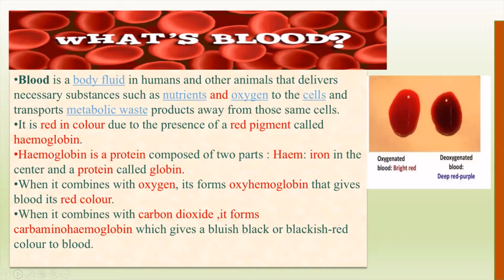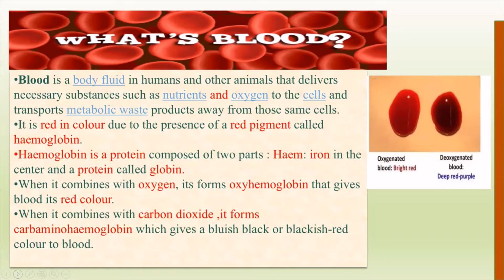Hemoglobin is a protein composed of two parts. First, heme, which means iron. It is located in the center, and it is also made up of globin, which is the second part. It is a protein. When it combines with oxygen, it forms oxyhemoglobin that makes the red color of the blood bright.